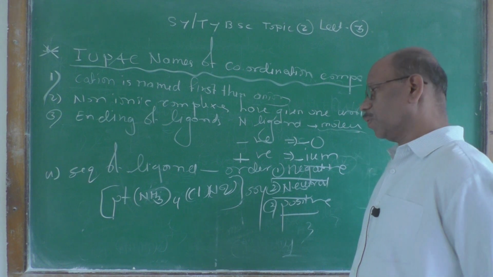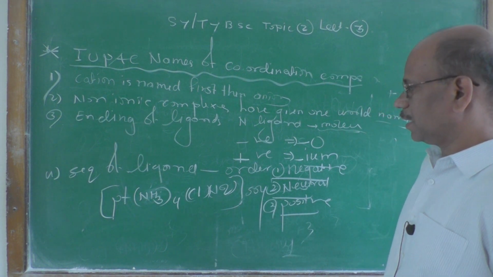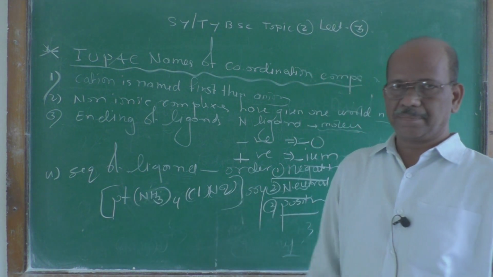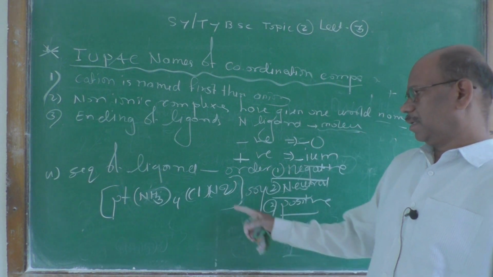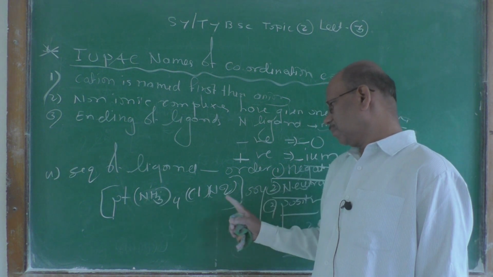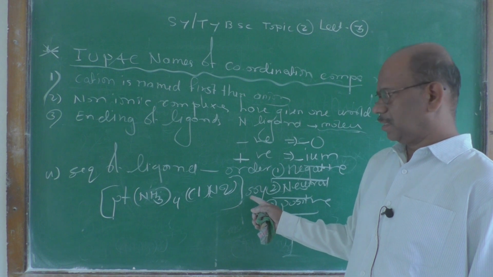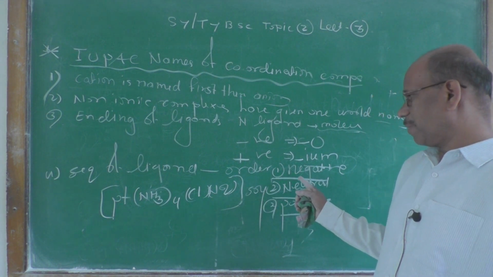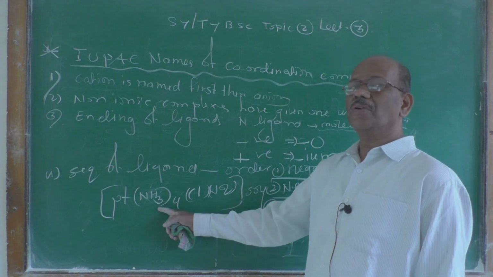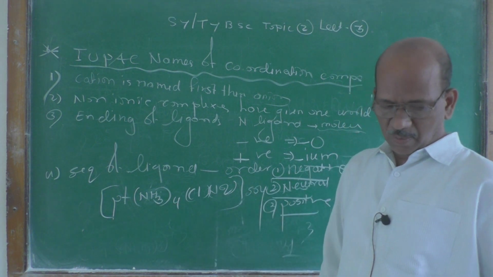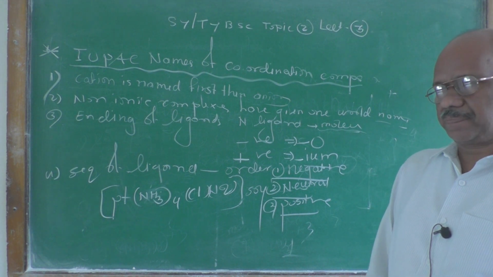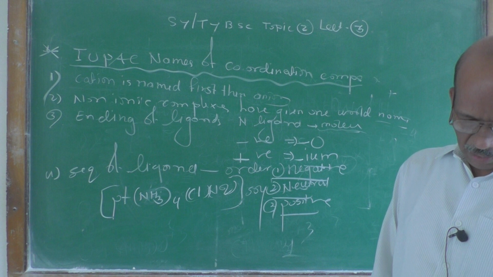We have to say chloro, nitro, then tetraammine, platinum(IV) sulfate. Okay? Chloronitrotetraammineplatinum(IV) sulfate. So first I have mentioned the negative ligand, then the neutral ligand. I have to follow this sequence during the nomenclature. Okay? So it is rule number 4.